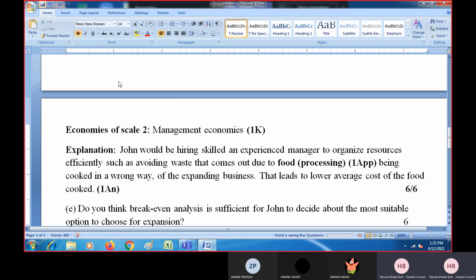Okay, now remember, application is not something which you will be mentioning separately, right? You will be using the application while developing your point. It means inside your analysis, you will be using the words which will show that you are talking about the business which is mentioned above, or which the examiner is talking about.